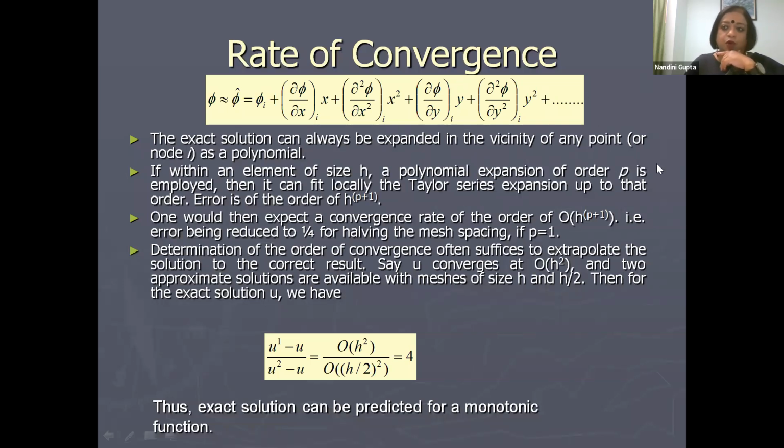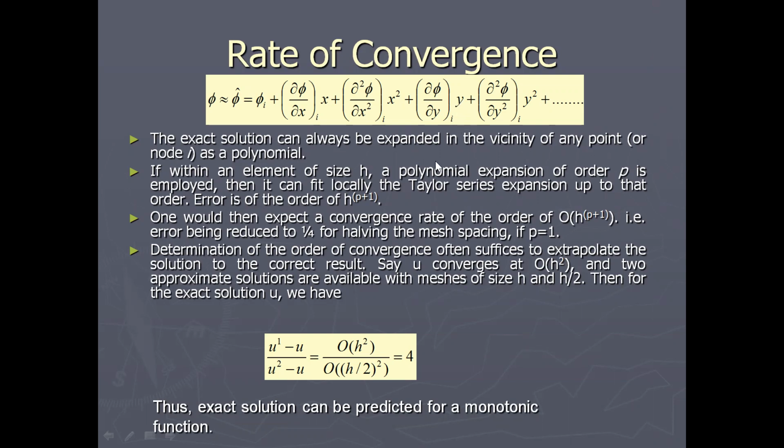So you're actually ignoring those terms. That is the point I'm making, that you can find the coefficients of x square, y square if you take a second order element, but you will still be ignoring terms which contain x cube, y cube, etc. And therefore your order of convergence will be accordingly. Okay, ma'am. Thank you.